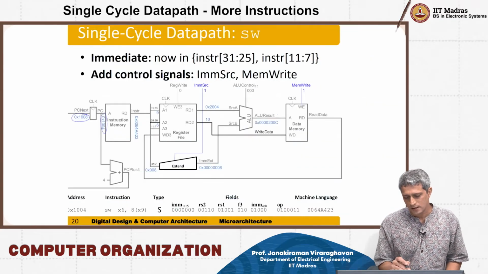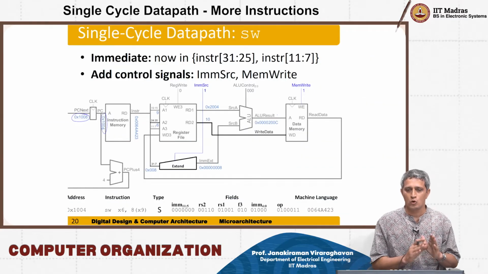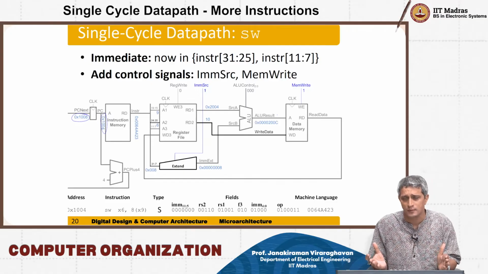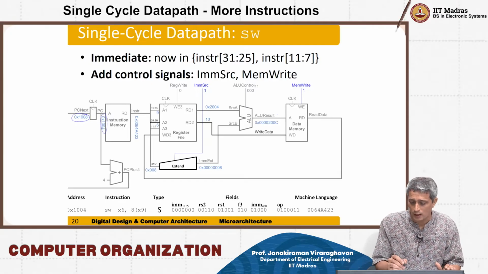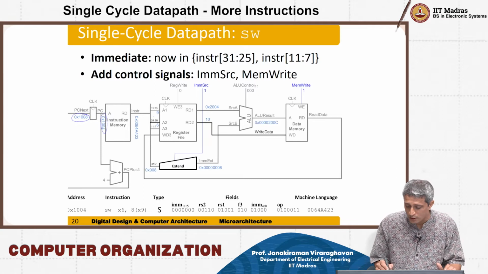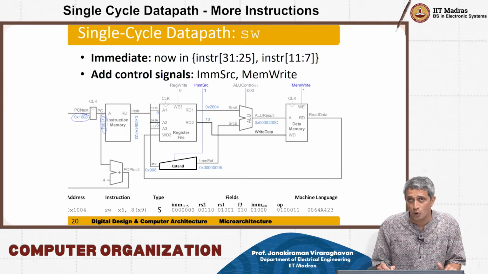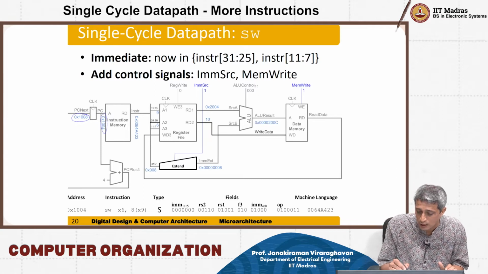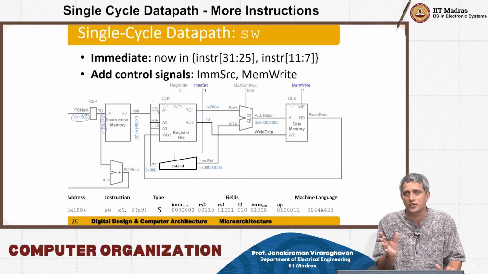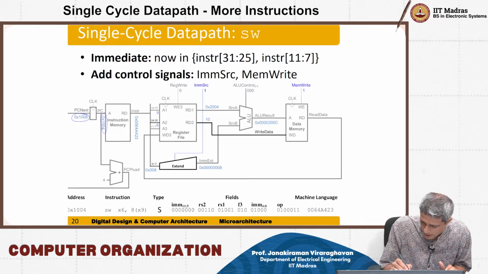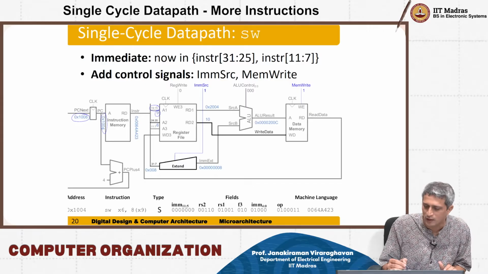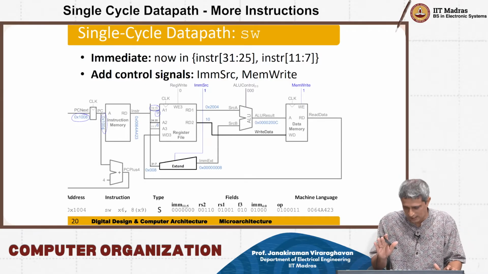Okay, and now you're going to go through a very similar path, except that now you need to treat RS1 as the source register 1, which happens to be again bits 19 to 15, the value is x9, so that is 9.